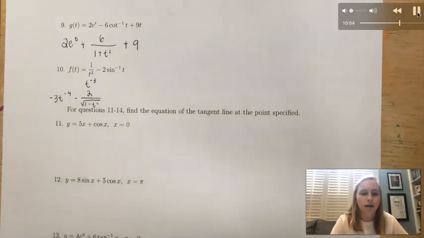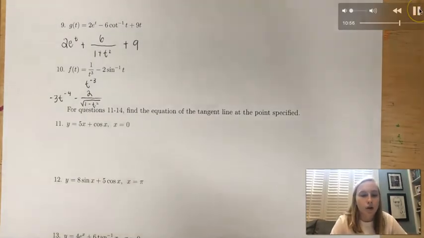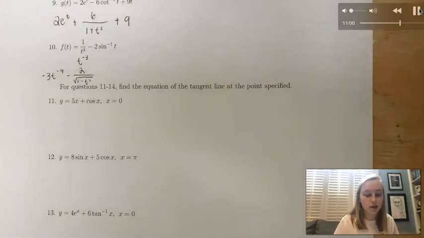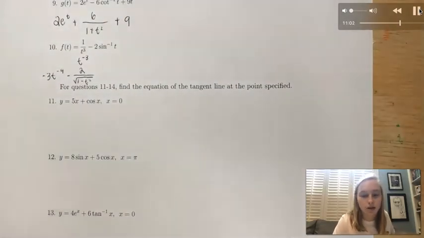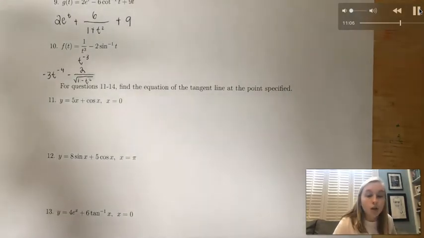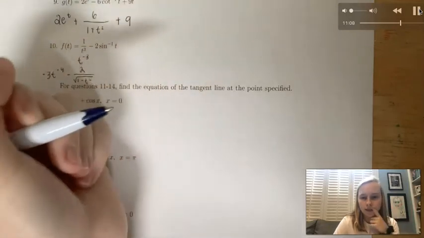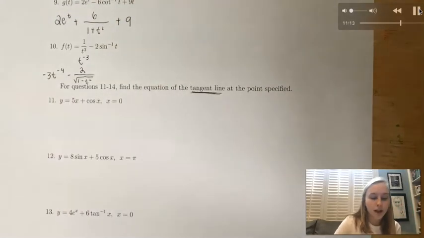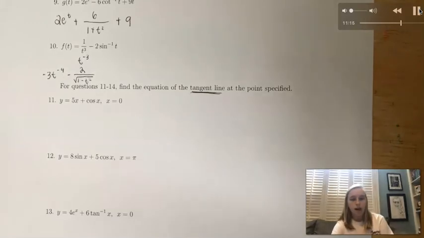I believe in you guys. You got this. So for tangent line equations, anytime you have a tangent line question, it sounds intimidating. It's not that bad. You need to know 2 things, and I'm going to write it out right here. This is a very common type of question.